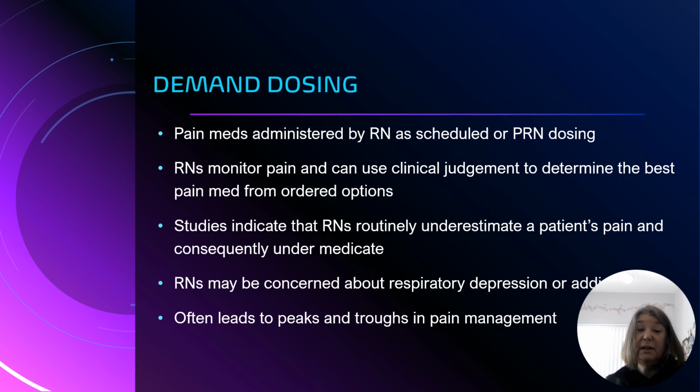This experience then tends to influence subsequent pain assessments, such that nurses can become quite skeptical of patient self-reports if they do not conform to some preset image of what a patient in pain should look like. So again, our person says patient level of 10. Wouldn't you kind of expect them to be sort of grimacing, maybe a little agitated, restless? We may even expect, with a pain level of 10, heart rate should be up.